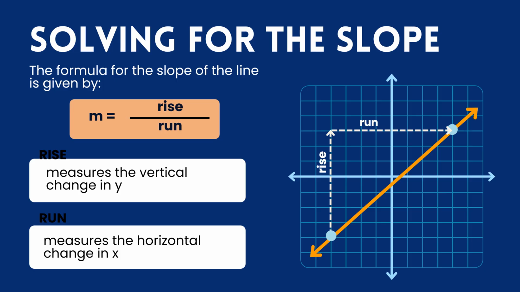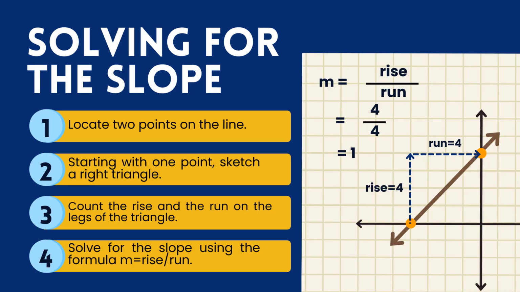So then you would count how many grid spaces it moved horizontally. Then you would put your rise over your run. That would be the same as dividing them. So we know the formula for slope is m equals rise over run. So we can follow these steps to find the slope of a line based on the graph.